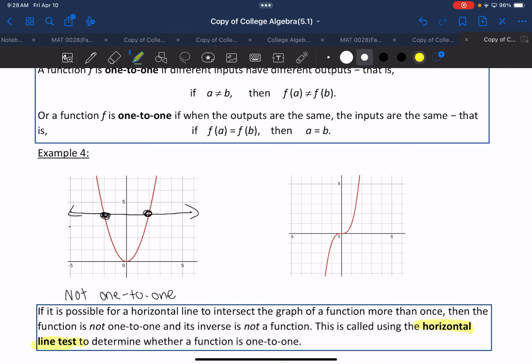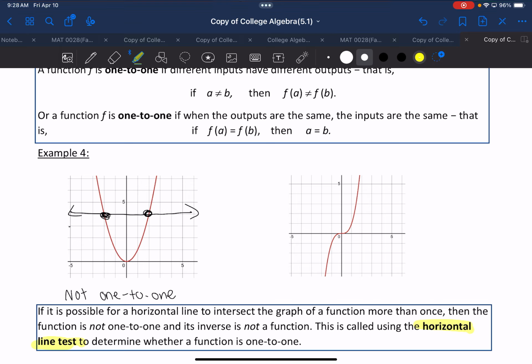So the horizontal line test is used on functions. We already know that they're a function, to test whether it's one-to-one, to see if it will cross my horizontal line more than once. And if it does, then it's not one-to-one.